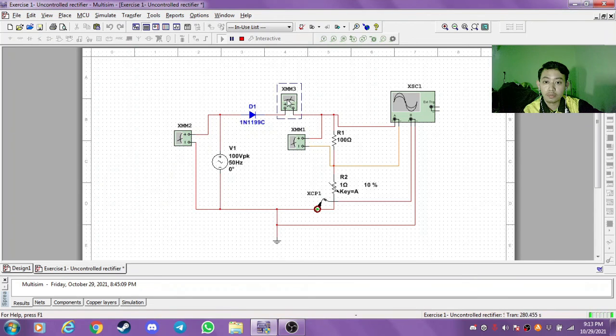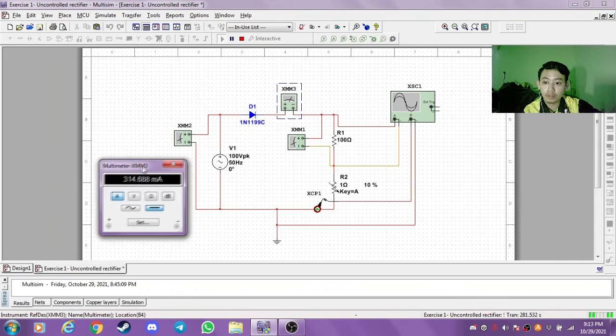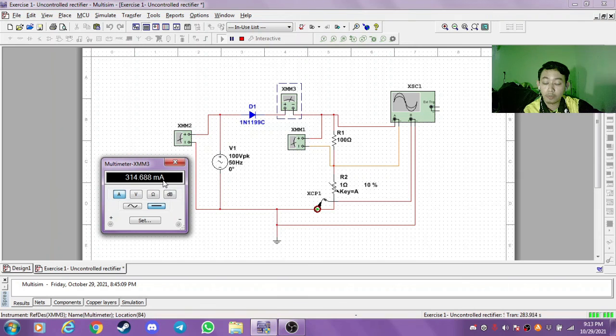Now the second multimeter will measure the output current. If we can see here, it is set to DC, because we need to keep in mind that after the supply passes through the diode, the supply is converted from AC to DC.